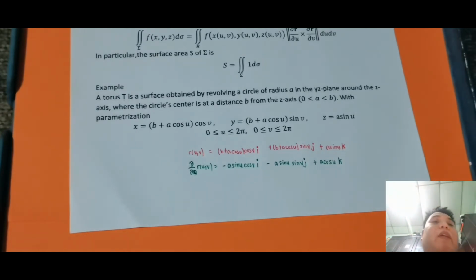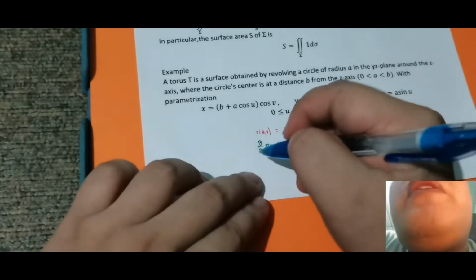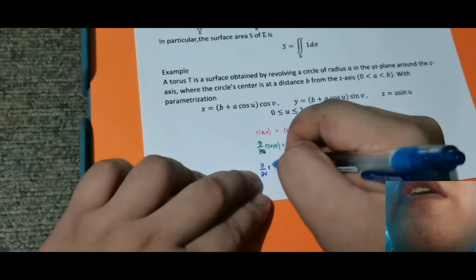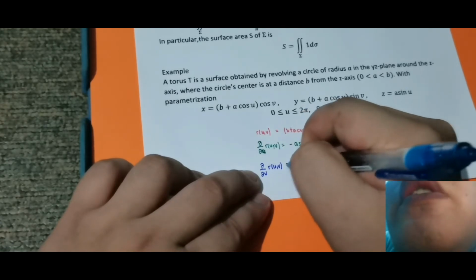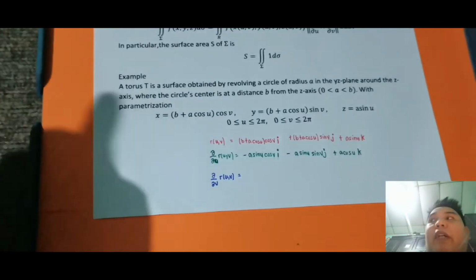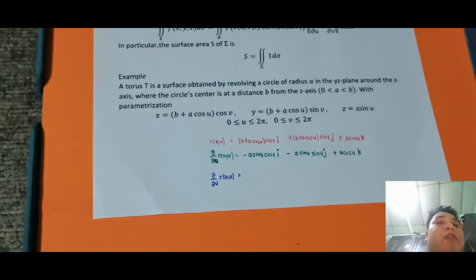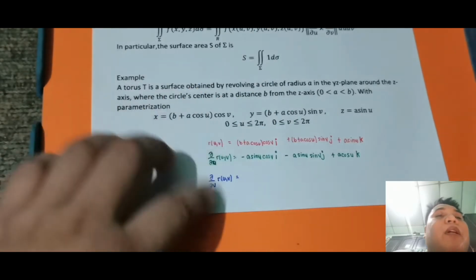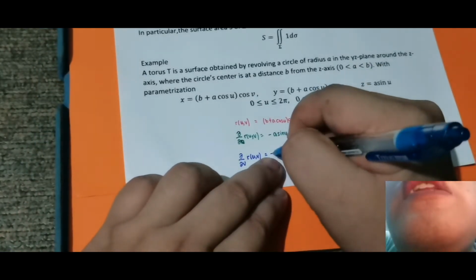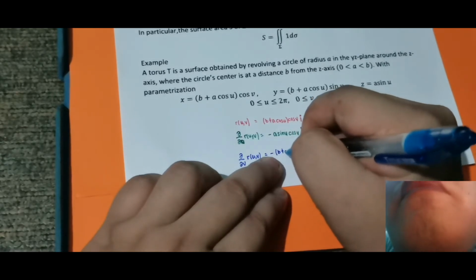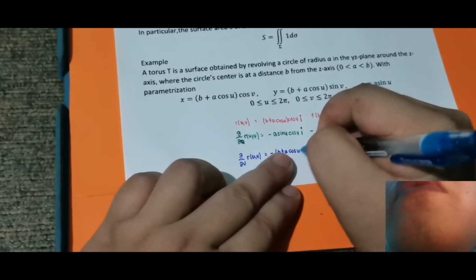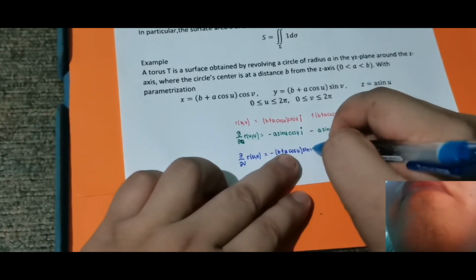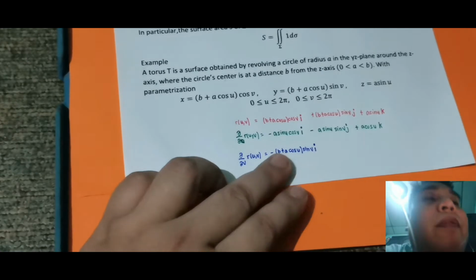Next, kunin natin yung partial derivative ng r with respect sa b. Again, basis ka pa rin dun sa red part. Since with respect na tayo sa b, ito na yung gagalaw. Derivative ng cosine b is negative sine, so magkakaroon ng negative sa labas: negative b plus a cosine u, then sine b, tapos i.